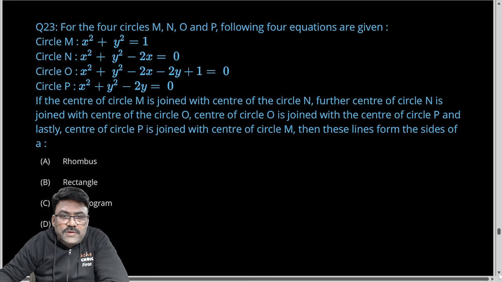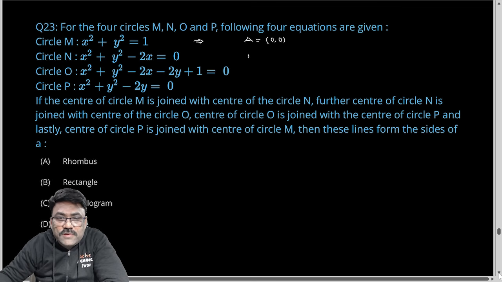So let's take the center of this circle M. Obviously center of this circle is origin. Let me take it A. If I take the center of the second circle, let's say B, it is 1, 0. The center of the third circle C is 1, 1. The center of the fourth circle D is 0, 1.